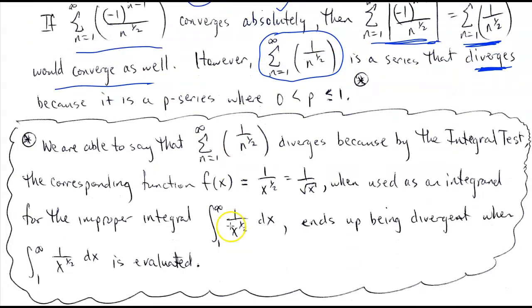Now, note here that I said that we're able to say that this particular P series diverges because of the integral test. Now, we know it's a P series, but before we could talk about a P series, we had to actually show that this particular type of series would diverge. And of course, the integral test shows us that.